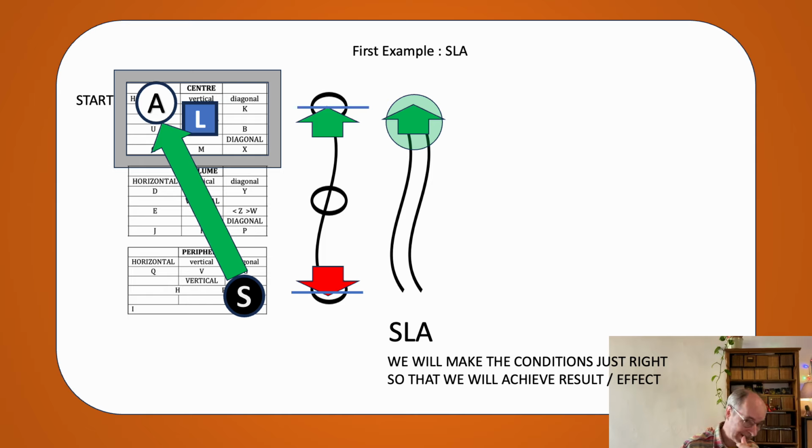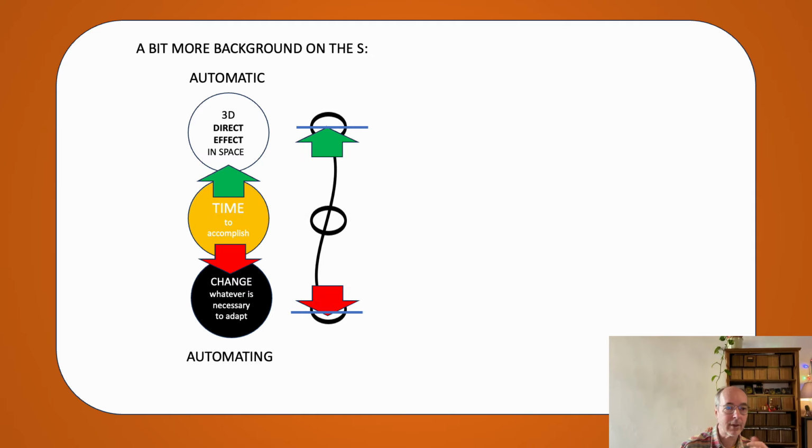With SLA, it is making the condition just that way that we will achieve a result in the physical conditions. That's what something in the background that you can make from it. So this background of S, it goes very automatic. So it goes in all directions at once.